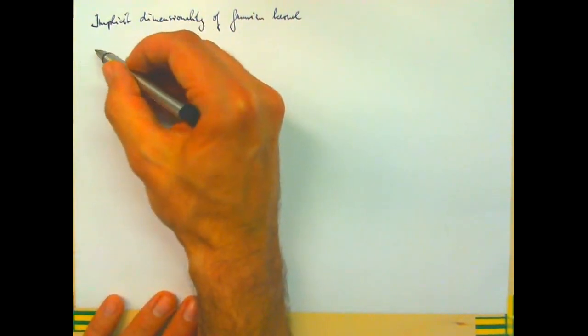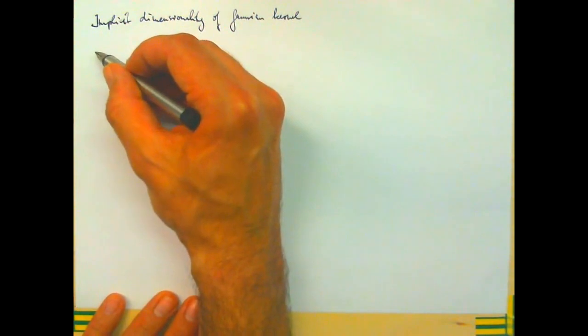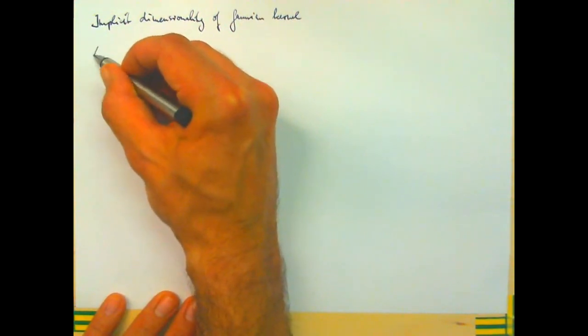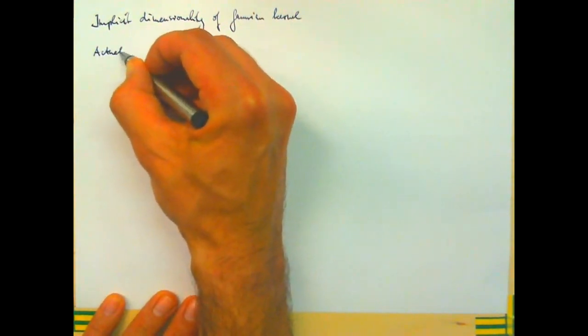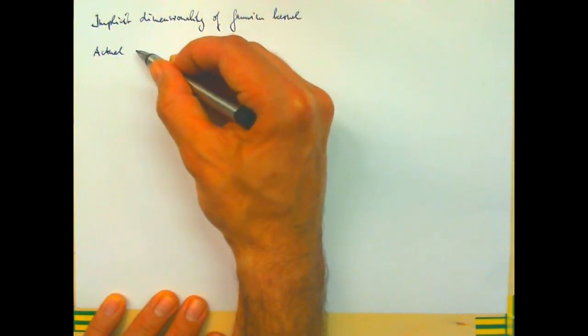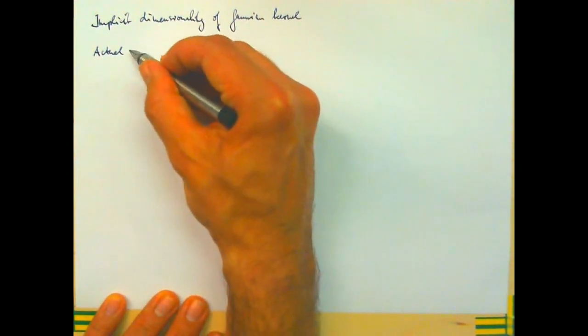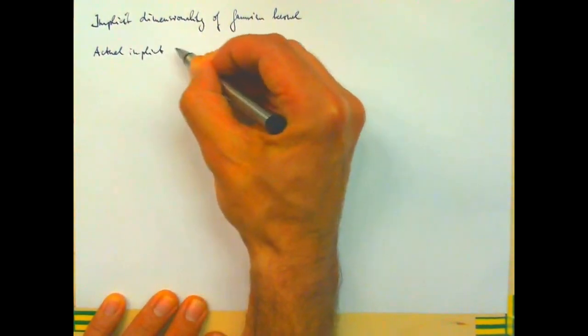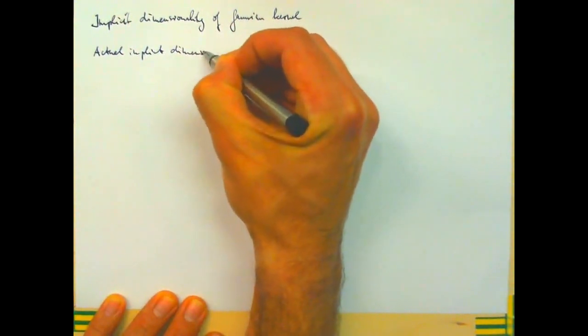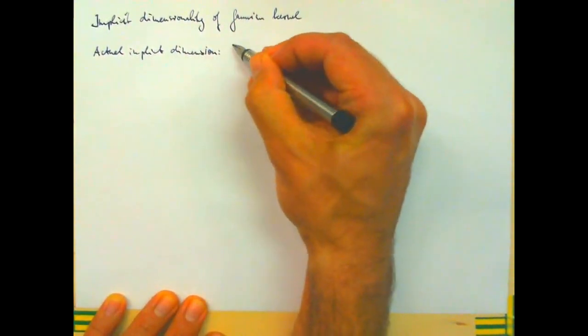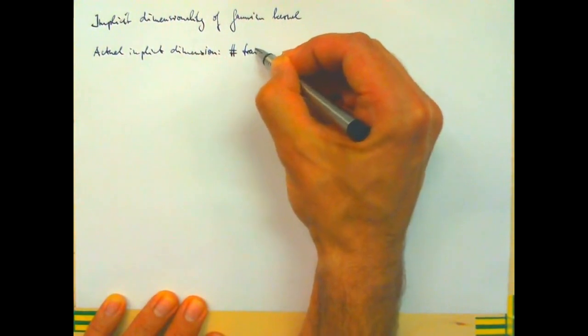However, the actual dimension that's realized is of course always limited by the number of points that you have in your training set. So the actual implicit dimension is number of training points minus 1 or something like that.